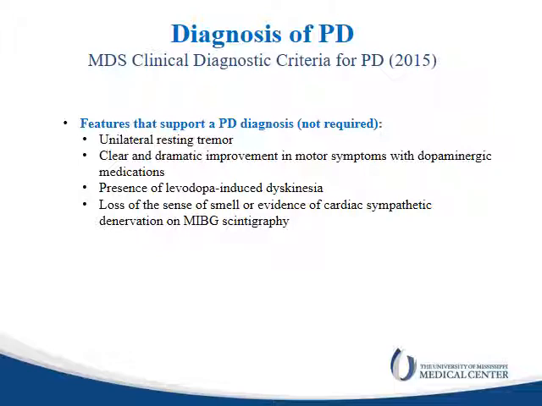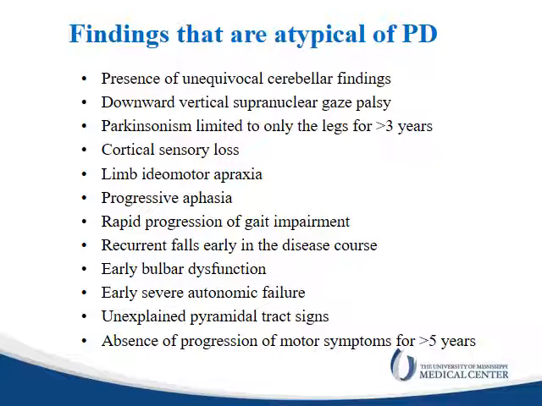For example, if a patient presents with a unilateral resting tremor, or if a patient has a clear and dramatic improvement in motor symptoms with dopaminergic treatment, or if a patient presents with levodopa-induced dyskinesia, or if a patient has loss of the sense of smell, or with evidence of cardiac sympathetic degeneration on a nuclear medicine scan, those are evidence that is much more supportive for idiopathic Parkinson's disease.